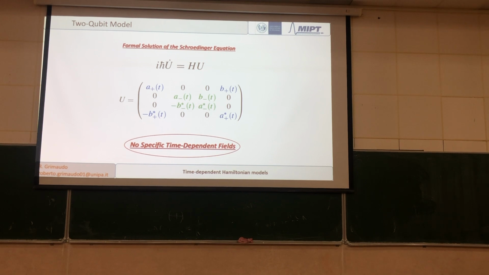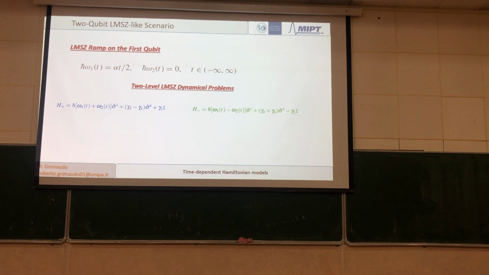These A minus, B minus are different in general from A plus and B plus because these two subdynamics are completely independent. But I stress that here we have fictitious spin 1/2. Actually, in these two subdynamics, the real spin 1/2 are both involved.